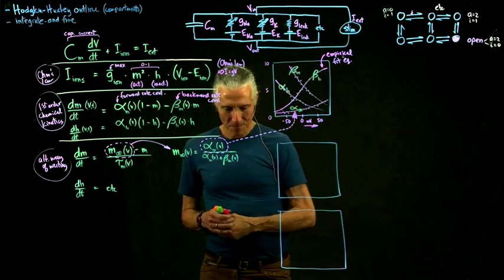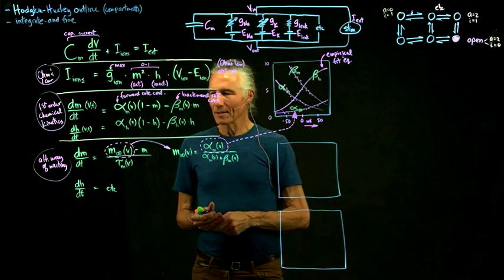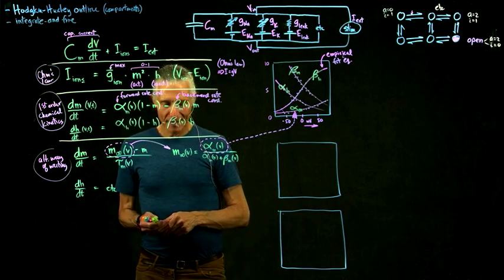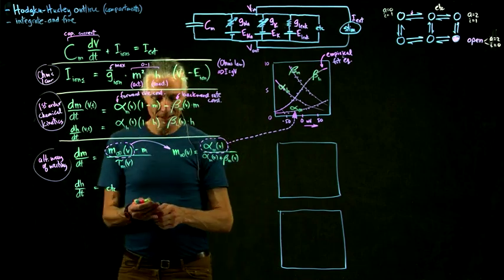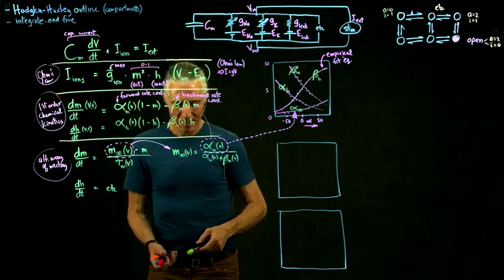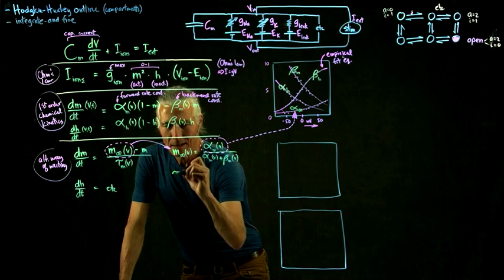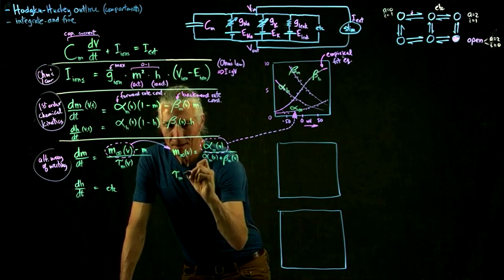Okay, so now what about the time constant? There's this time constant here, so we need to unpack that equation. The time constant equation for the activation variable is also voltage sensitive.